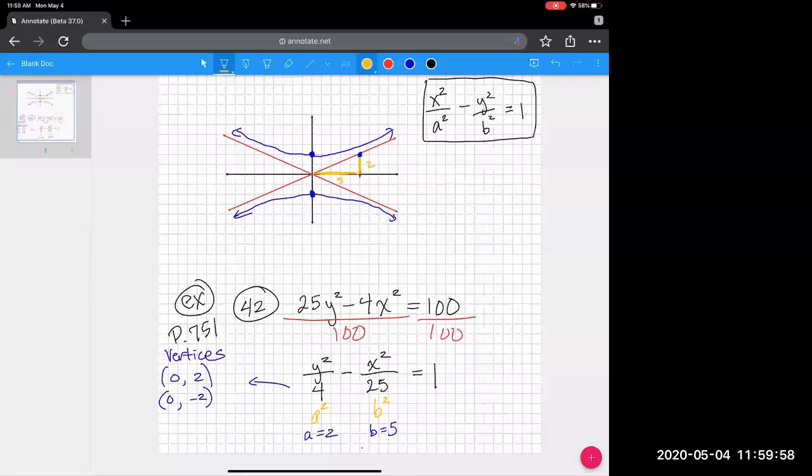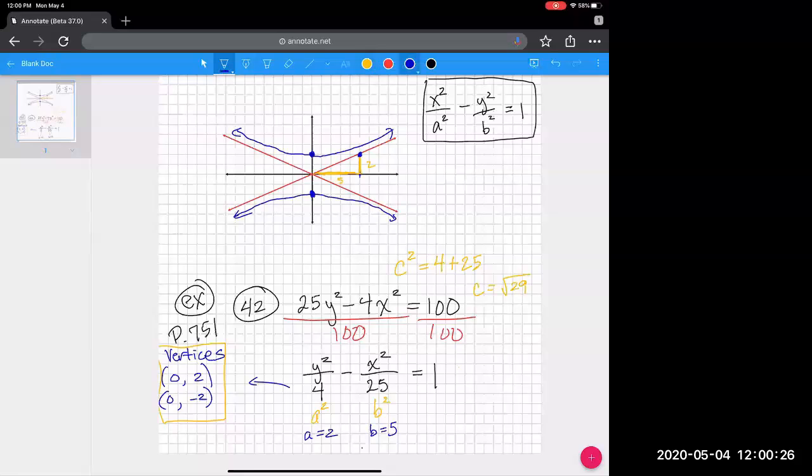So my vertices are here, and they are pictured in the graph. The foci. So to figure out the foci, I need to find the c value. So I know that c squared is equal to a squared plus b squared. So that means that c is equal to the square root of 29, which is a little bit more than 5.